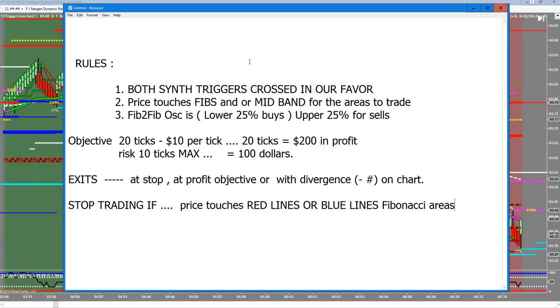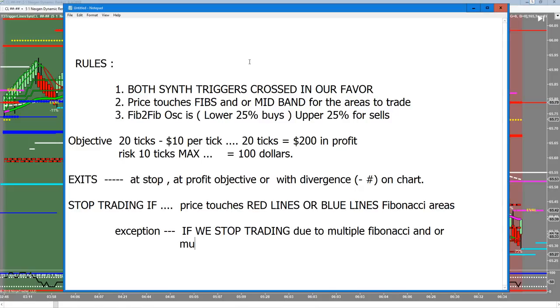Now, I did want to throw in one exception for our trend trades. The exception is if we stop trading due to multiple Fibonacci and/or multiple divergences at Fibonacci, we can do one trend trade with a single trigger crossed in our favor.